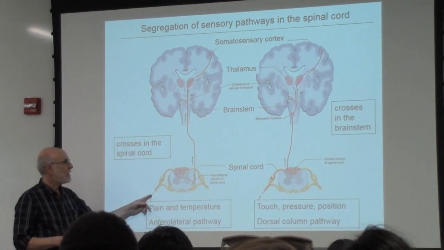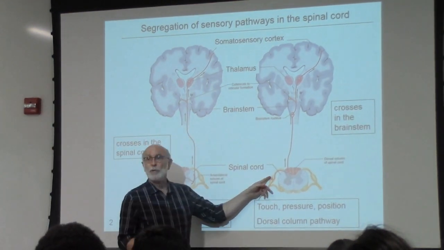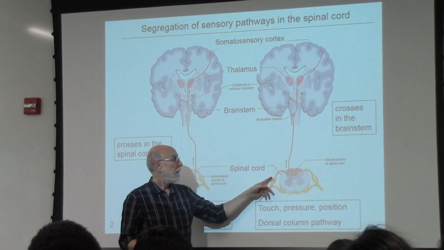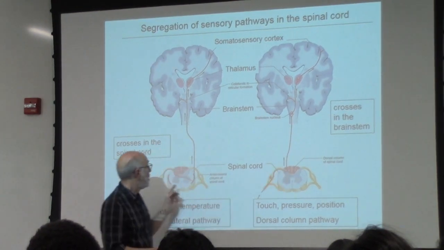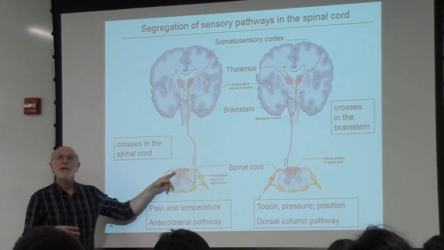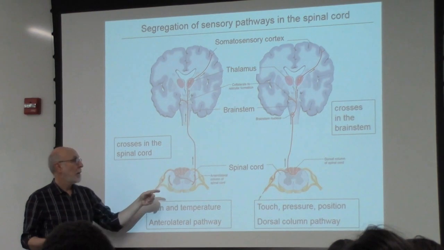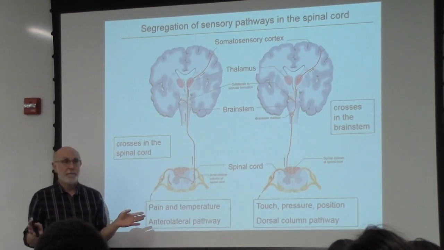All the axons are mixed up, but they all have their cell body in the dorsal root ganglion, and they all enter the spinal cord at the dorsal horn. And there they start to split.